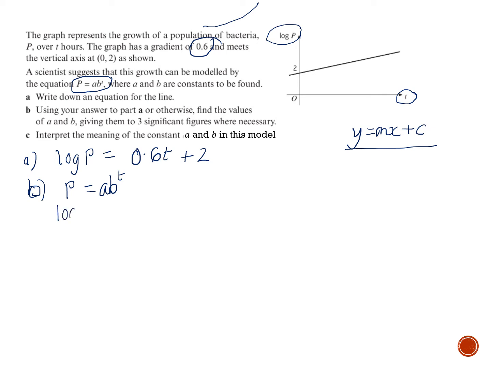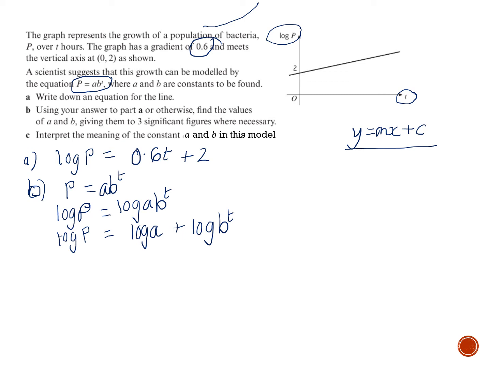So if we take logs of both sides, we get log of P equals log of A, B, T. Now, what we're going to be doing is what we did on those first couple of example slides to convert it to the equation of a straight line. Okay, so we're going to do our log laws. So log P equals, let's split this using our multiplication law, log A plus, remember because it's times together, log BT.